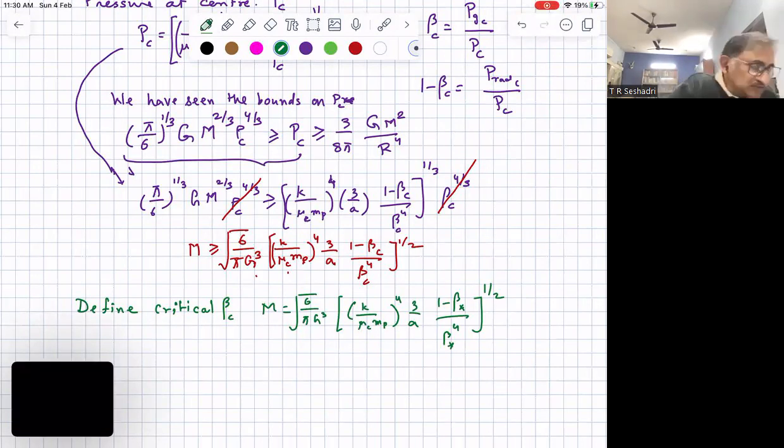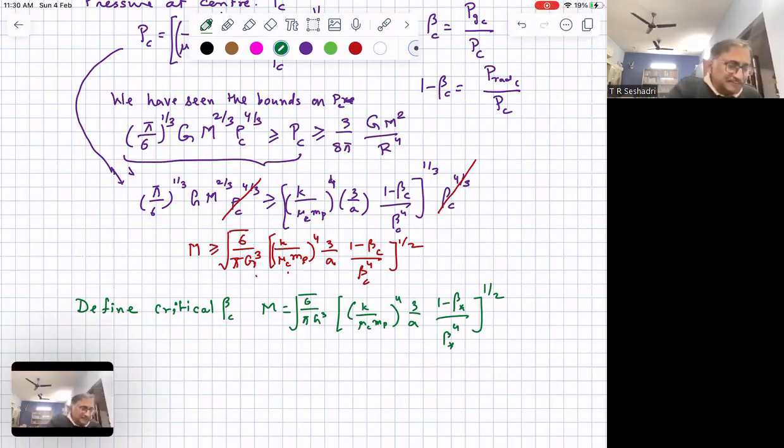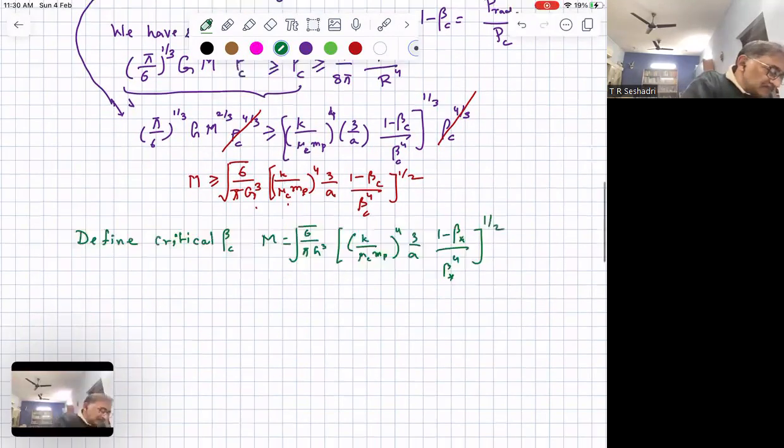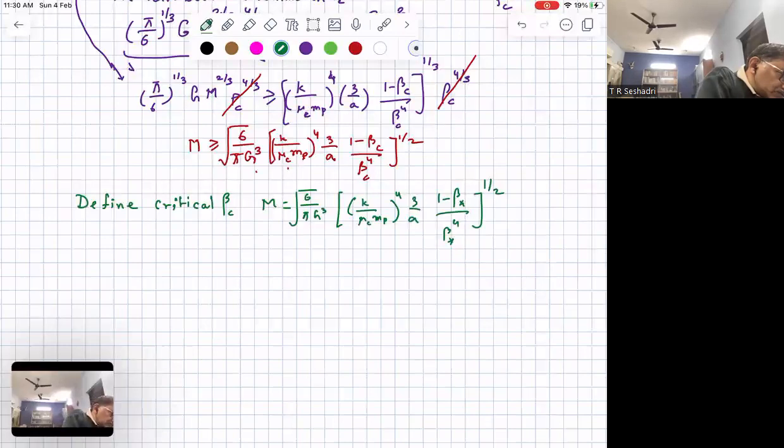Now, we need to see if we vary beta, a very interesting result will be there. How does this behave? So let me have an aside on the behavior of (1 - beta_c)/beta_c^4.